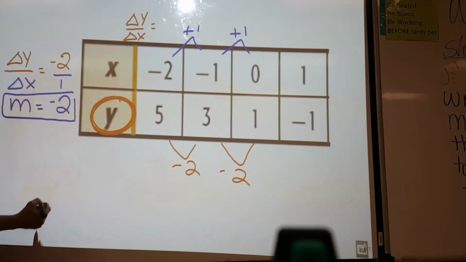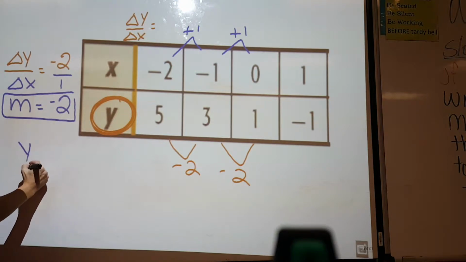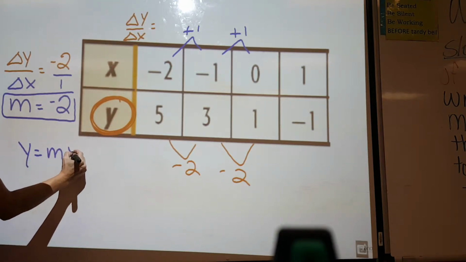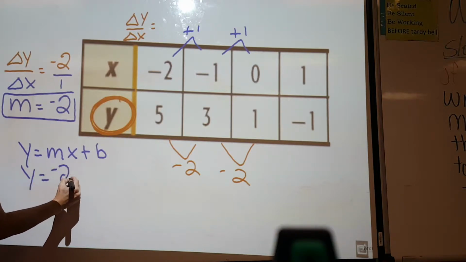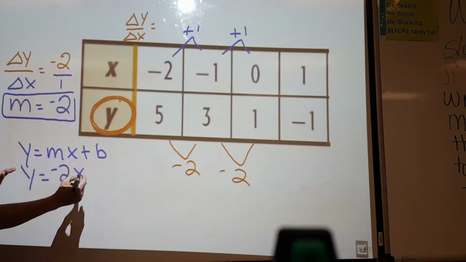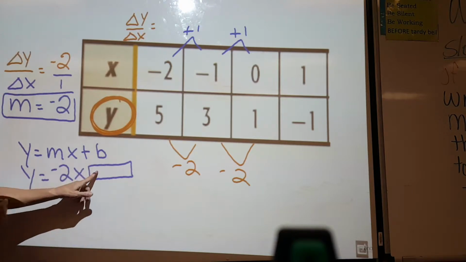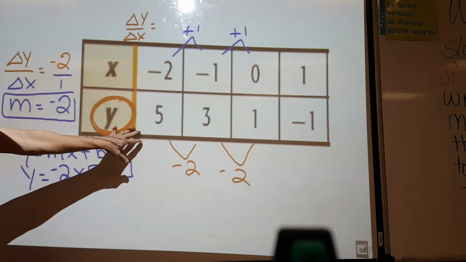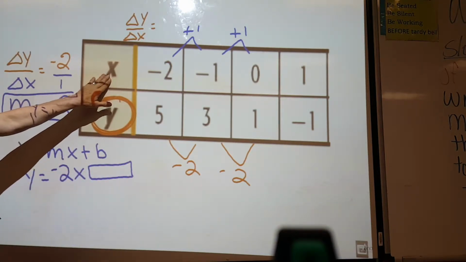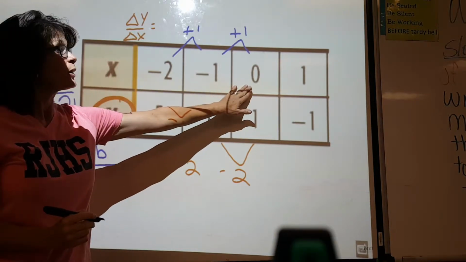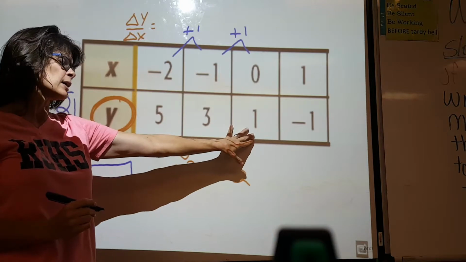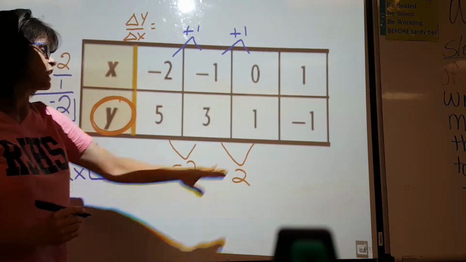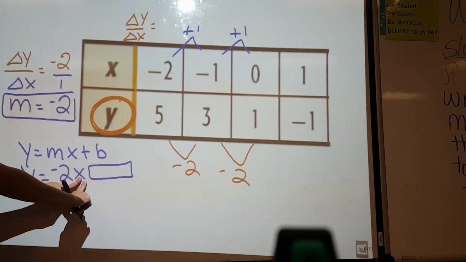That's my slope. So I need my equation. Y equals mx plus b. Y equals -2x. And I will add or subtract something. And I'm going to use an x value that I am very comfortable with. I really like 0. And I think I've just noticed something on my table, but I'm not going to say it just yet. So when x is 0, I'm going to substitute 0.